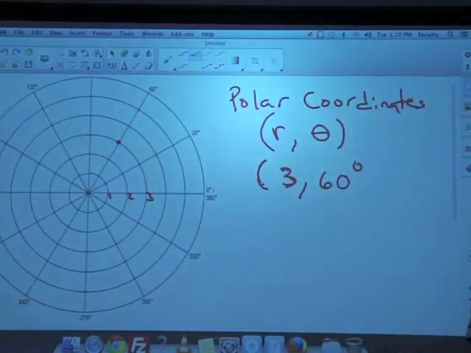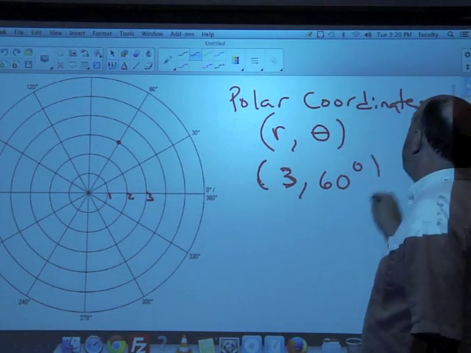Okay. Radius of 3, 60 degrees. Plot the point. Okay. I get my point.